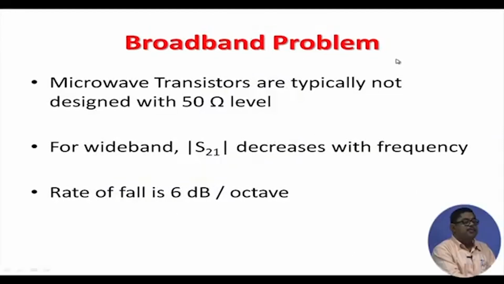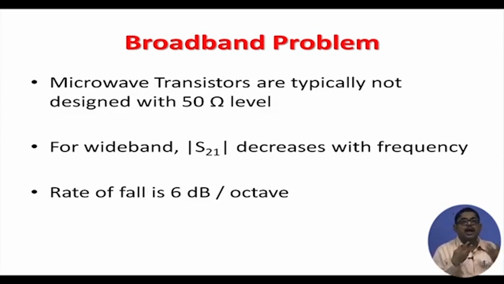Now, the broadband problem is, you see that microwave transistors are typically not designed at the 50 ohm level, but source and load, these two sides, typically are 50 ohm, that is an electronic industry standard. Generally in lower frequency that was 100 ohm, but nowadays the industry standard is 50 ohm.